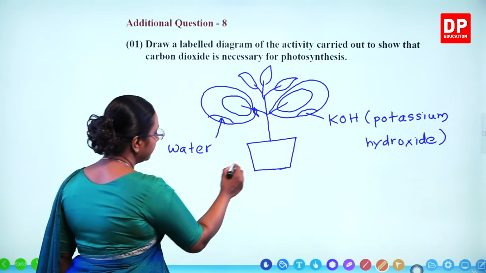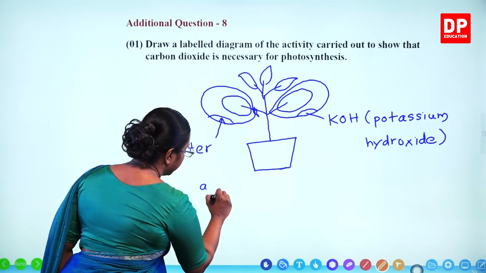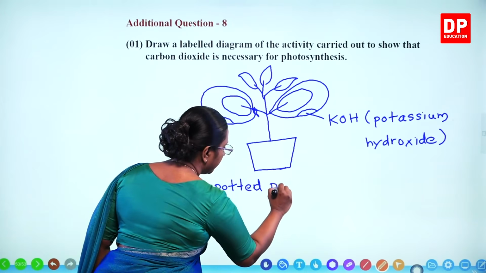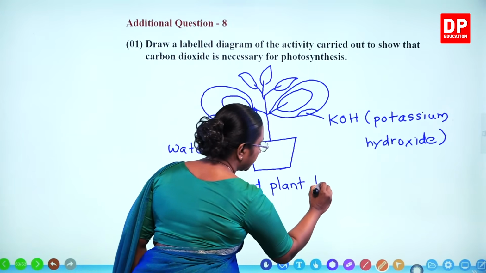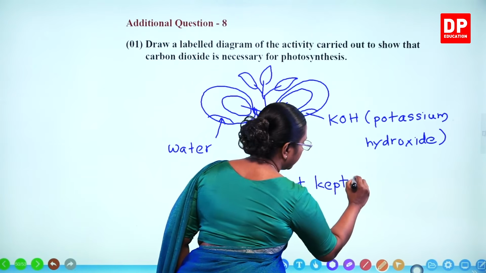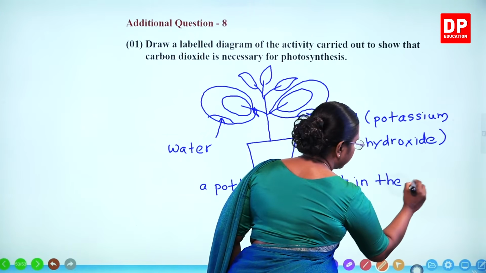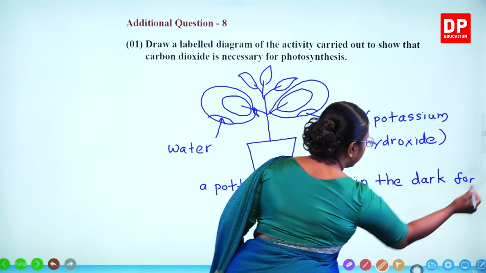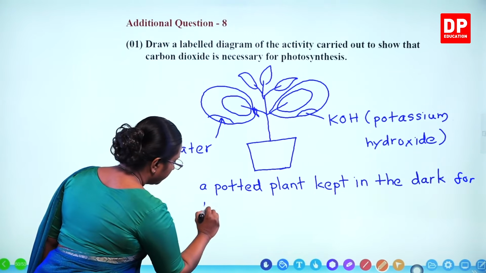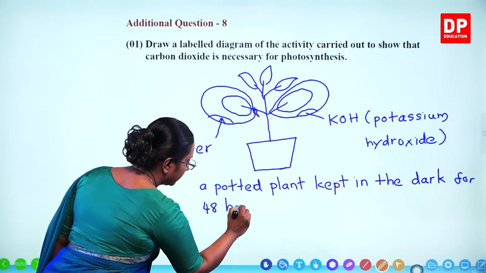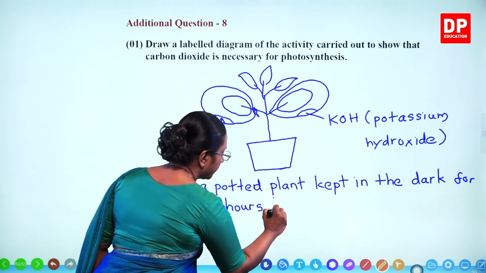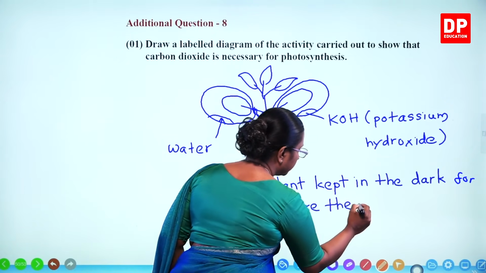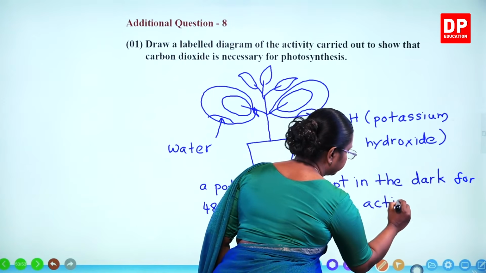If we want, here we can mention a potted plant kept in the dark for 48 hours before the activity.